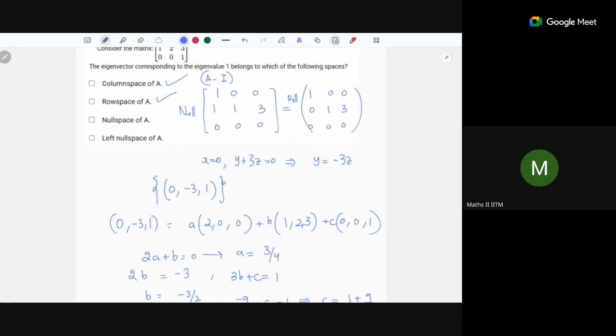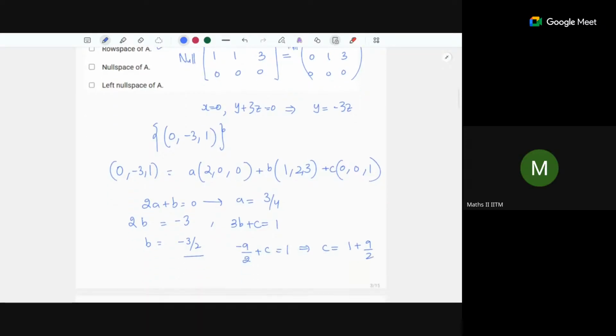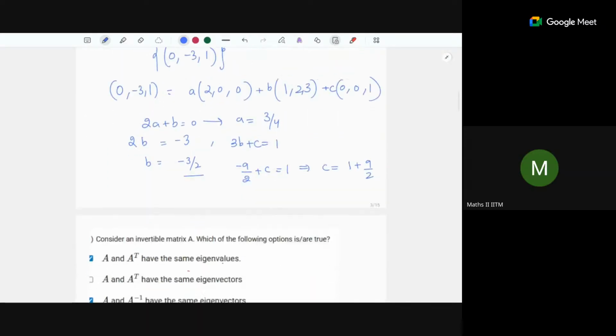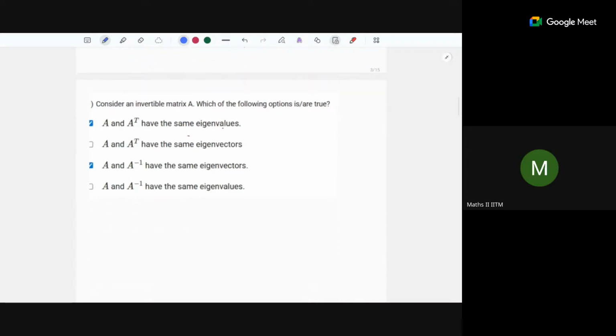It needs to be a zero eigenvalue. So it is not a non-zero eigenvalue. Similarly for left null space also, because the transpose and A matrix share the same eigenvalues. It can only be zero, then only it can belong to the left null space also. Right.